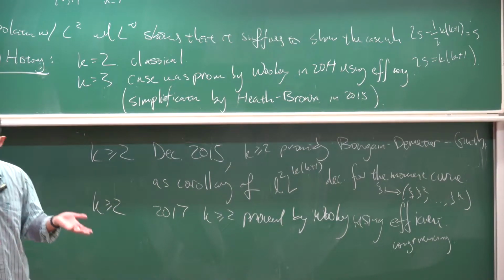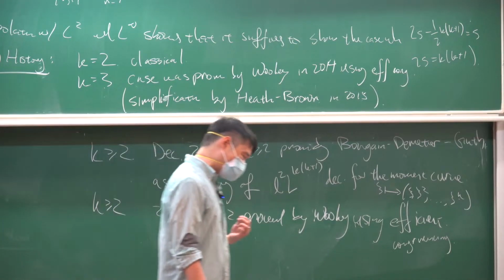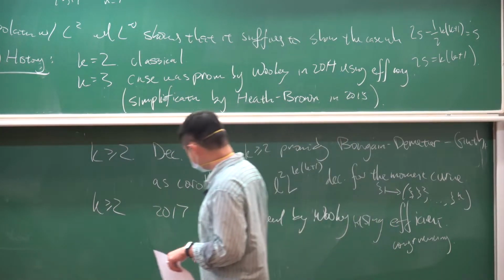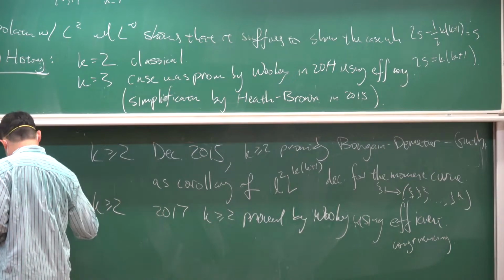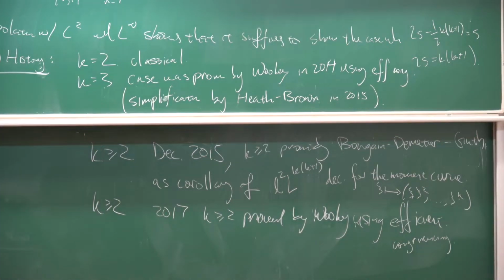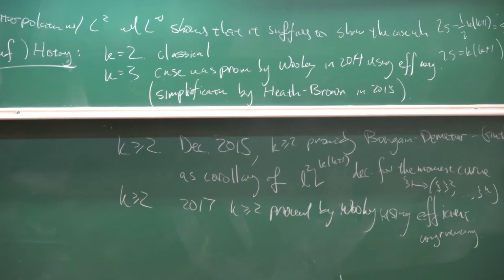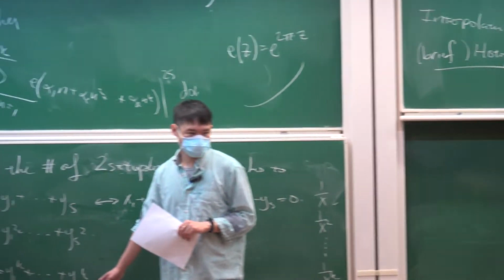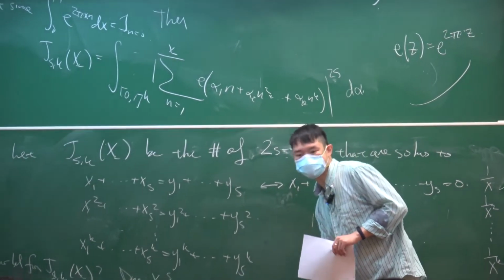I mean, they both had some sort of iteration. For example, one key tool that is used in all efficient congruencing proofs is that this system is quite special. This system is known as the translation-dilation invariant system.